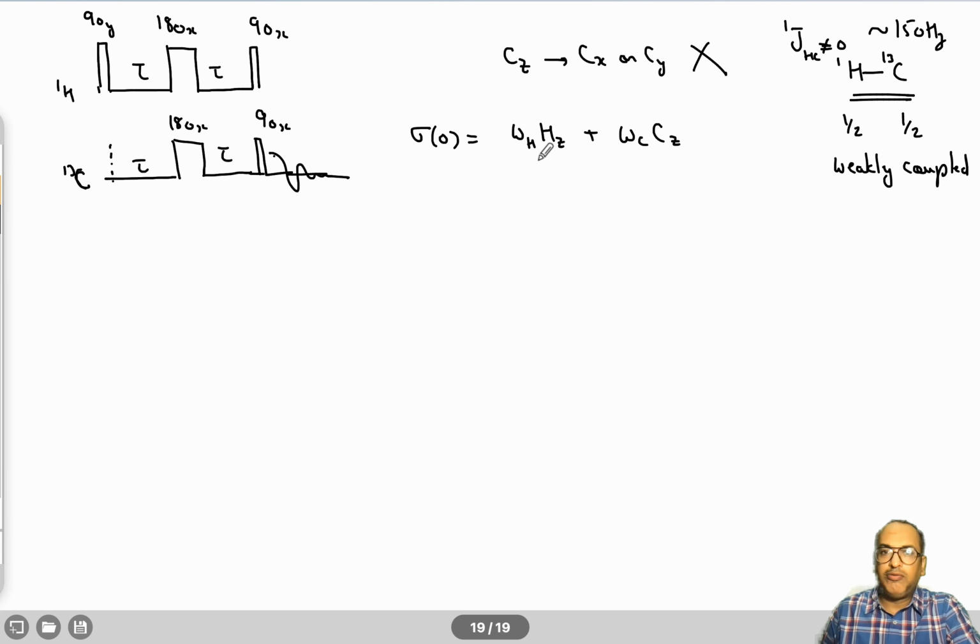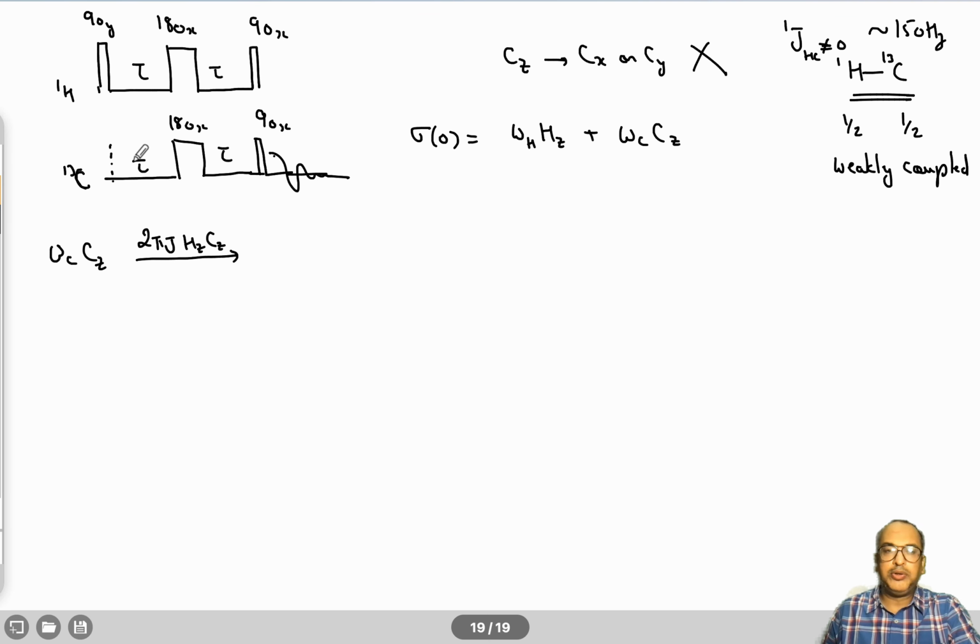So let us evolve both of these terms one by one through this array of pulses and delays. So let's start with omega c Cz because this is easier to evolve. First period here is tau. There is free precession, 2 pi j Hz Cz.